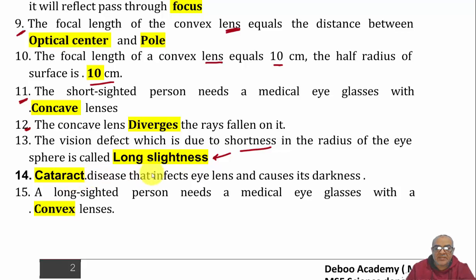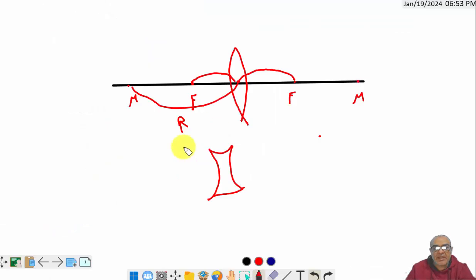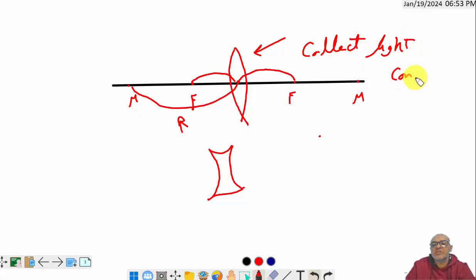Cataract is a disease that infects the eye lens and causes its darkness. A long-sighted person needs medical eye glasses with a convex lens, here like this, to collect light because it is a convergent lens.